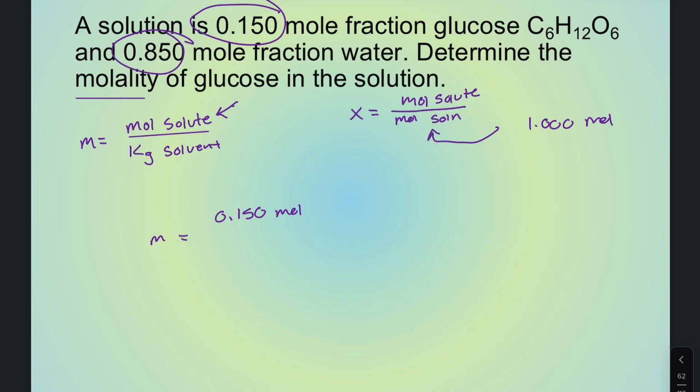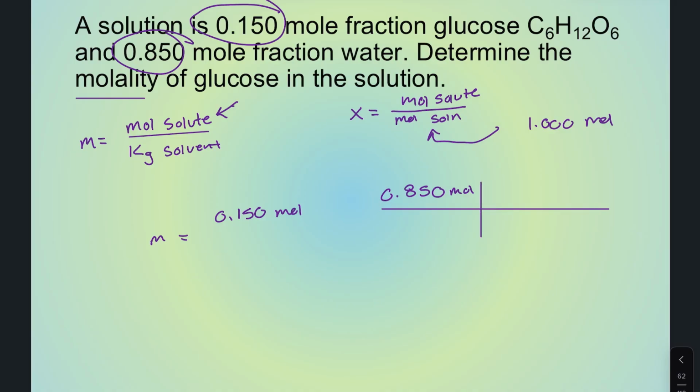Now, if the mole fraction of water is 0.85 and there's only one mole of the solution, then we can just stick with 0.850 moles and figure out how many kilograms that is, because we need that in kilograms.